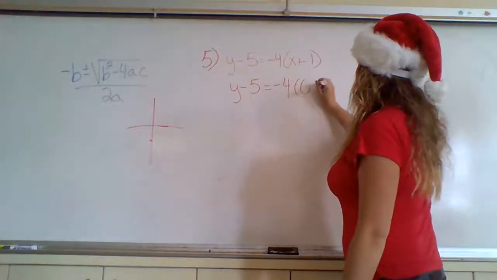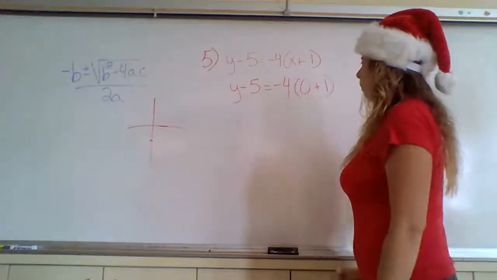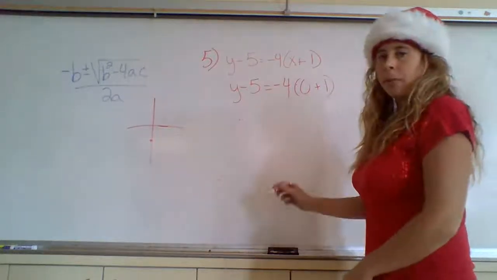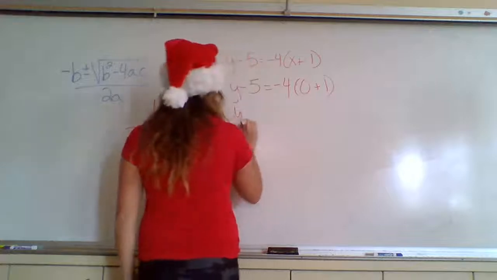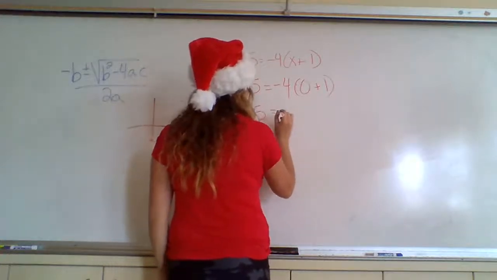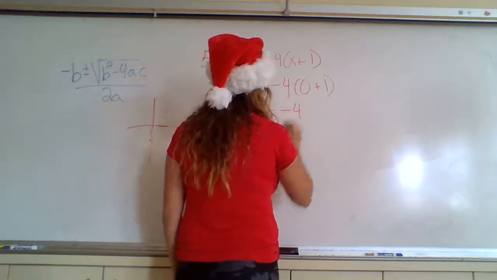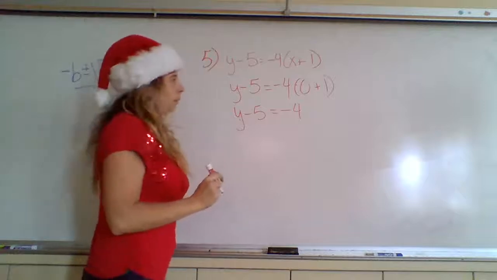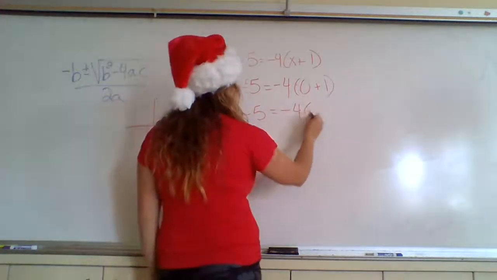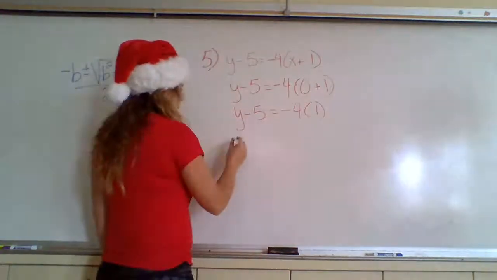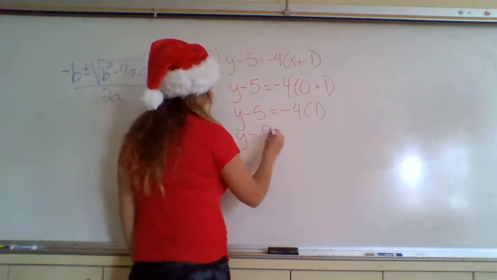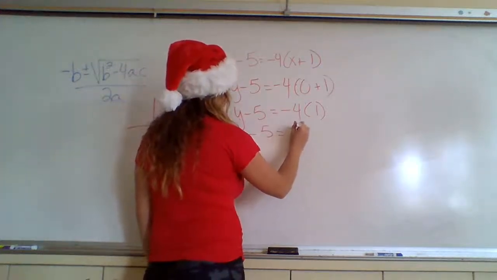So that's 0 plus 1. Then simplify. 0 plus 1 is 1. So y minus 5 equals negative 4.